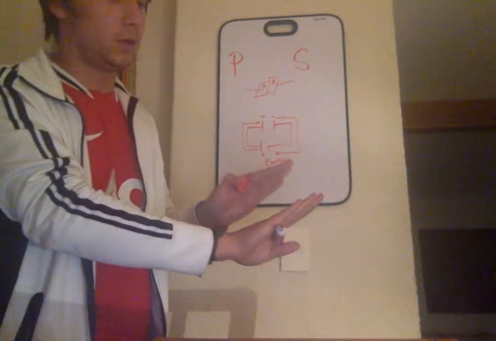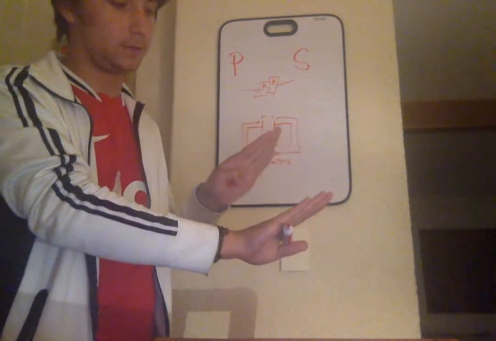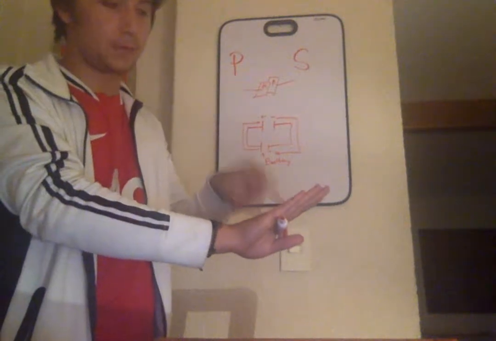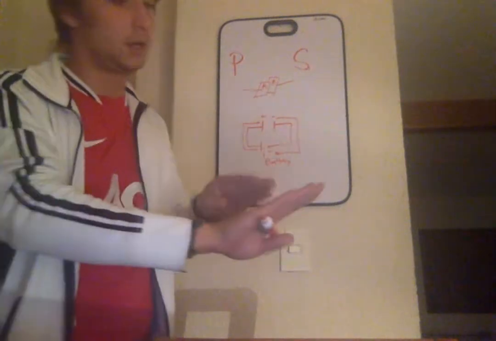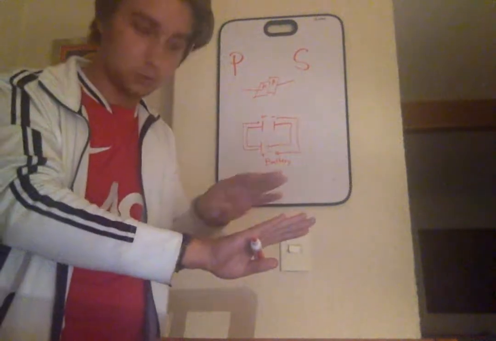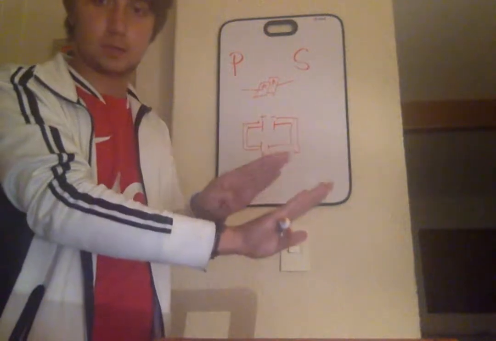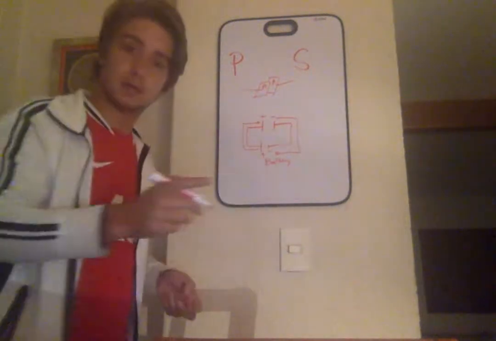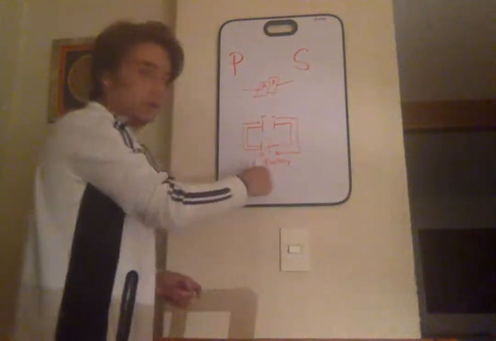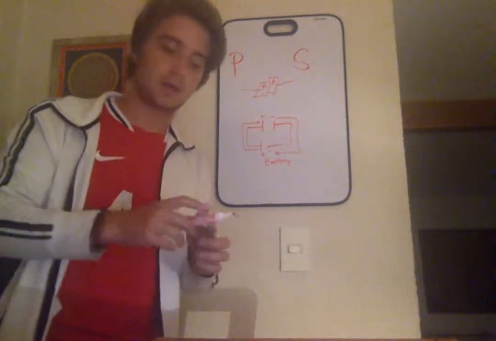Once this plate is completely charged, then the electrons will try to go through the vacuum towards the second plate. And once the second plate is completely filled, then we will have an electric potential difference that is equal to the electric potential difference of the battery. Electric potential difference meaning voltage.